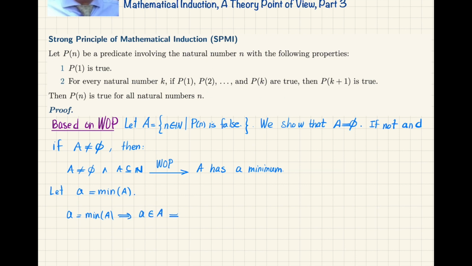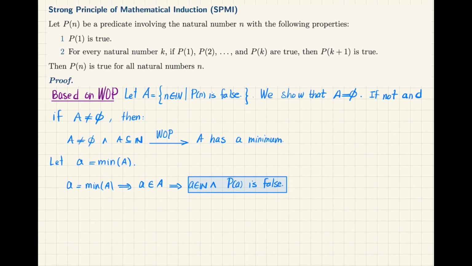And when you say that a is an element of my set, it means that it satisfies the conditions necessary to be an element of the set A. So this means that a is a natural number. Moreover, a should also satisfy this condition. So this means that P of a is false. Okay, so let me put this in a box. I need it later.